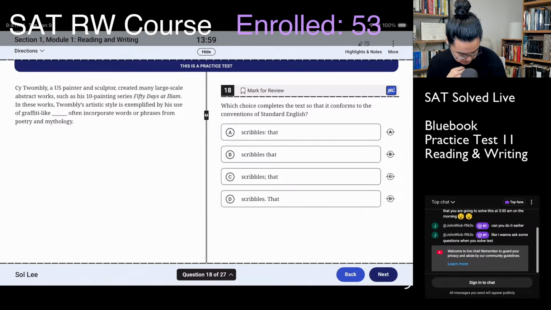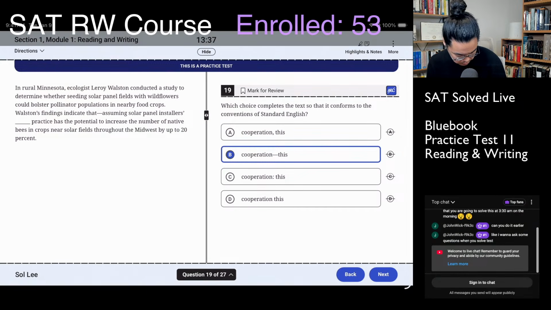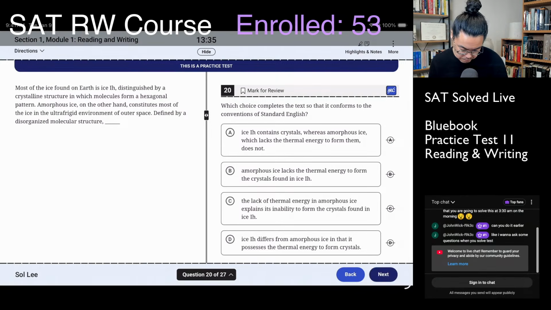In these works, graffiti-like scribbles that, yep. Walston findings indicate, assuming solar panel installation cooperation, this practice has potential to increase by up to 20%. Okay.